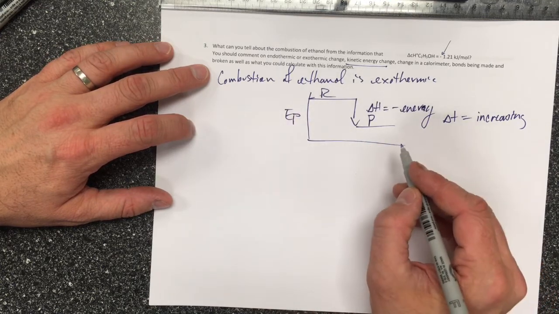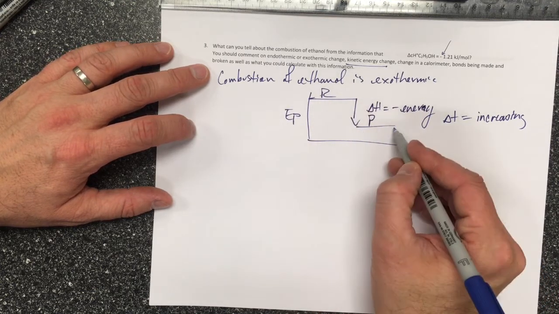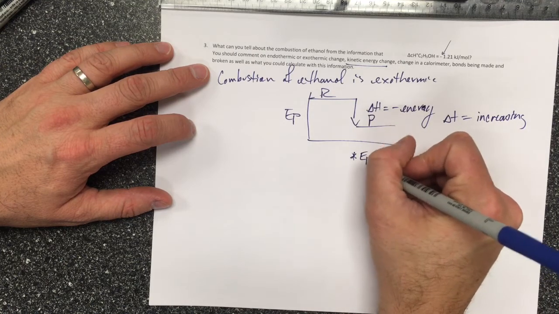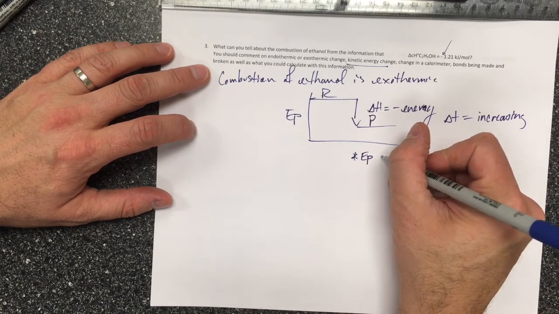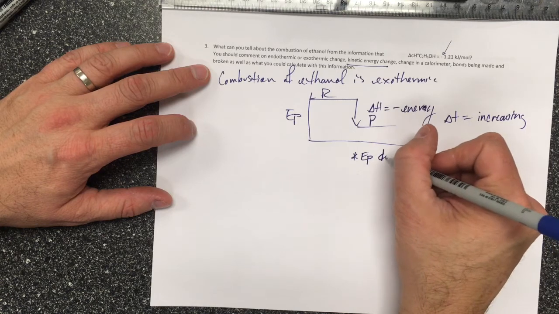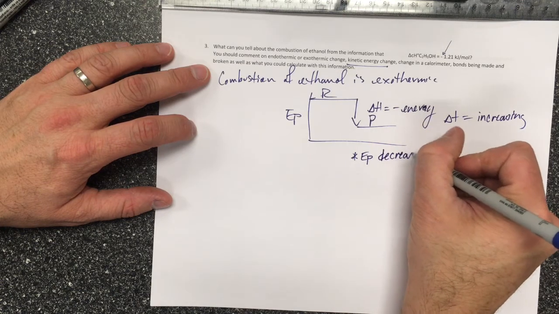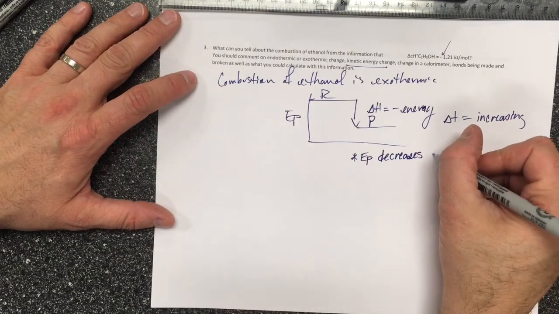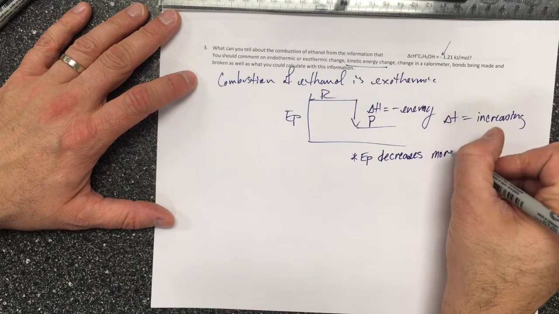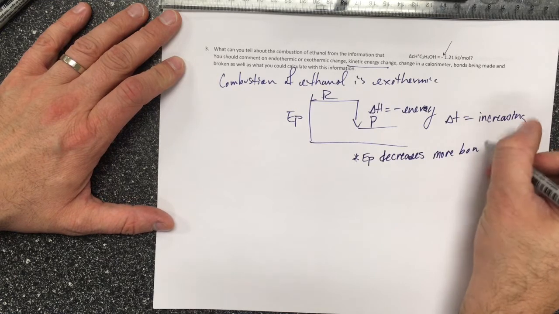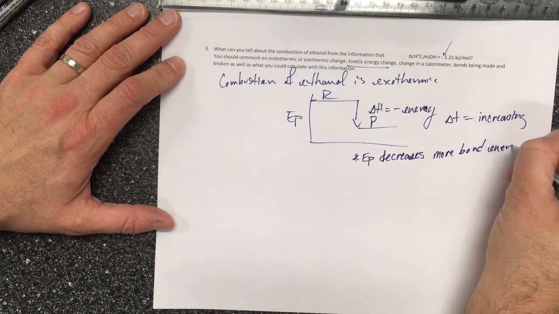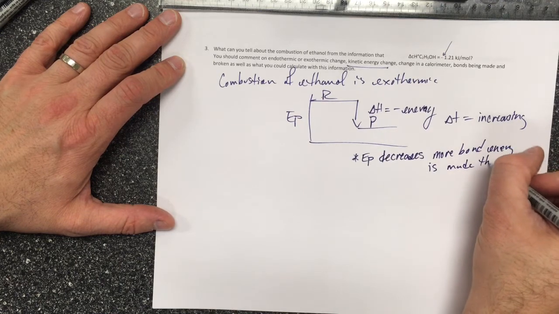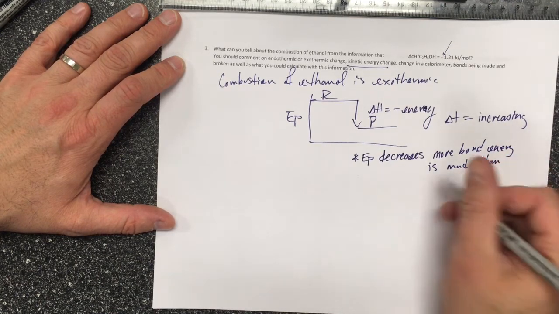If it is an exothermic change and potential energy decreases, so EP decreases, and energy is being given off, more bond energy is made than broken.